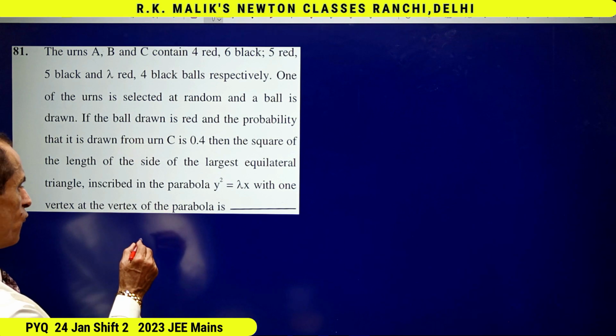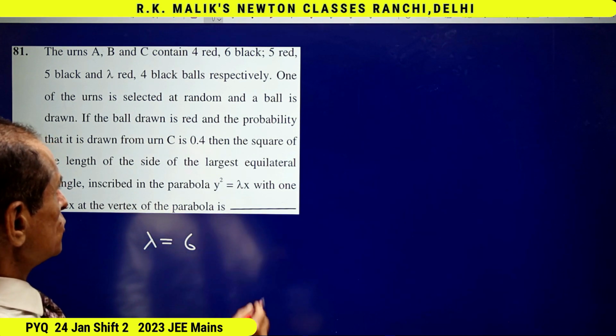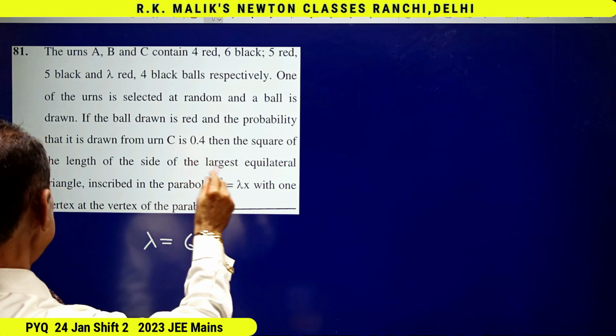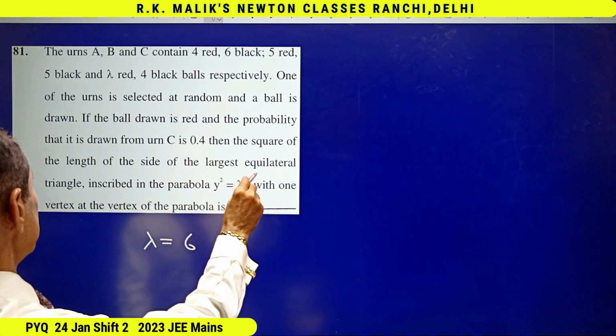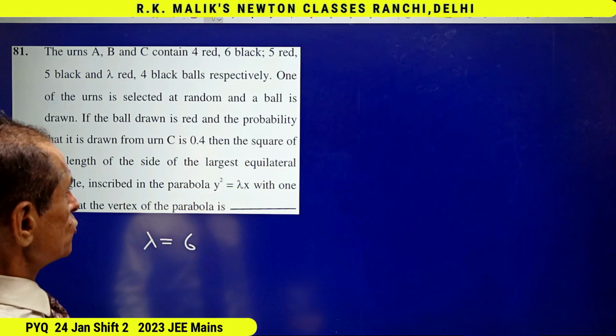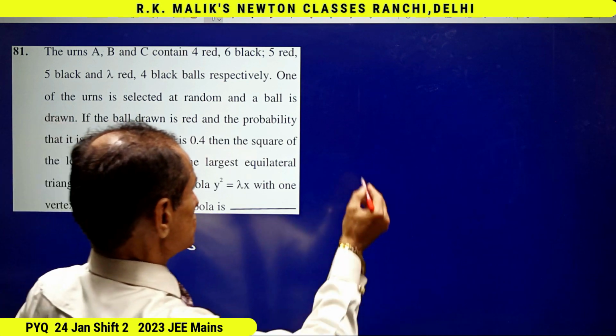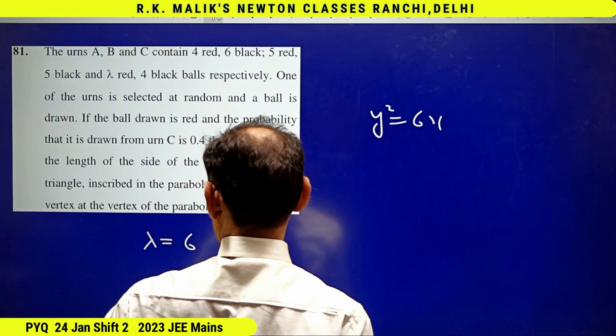And now once we have got the value of lambda as 6, according to the question, the square of the length of the side of the largest equilateral triangle inscribed in the parabola y square equal to lambda x, that is y square equal to 6x.